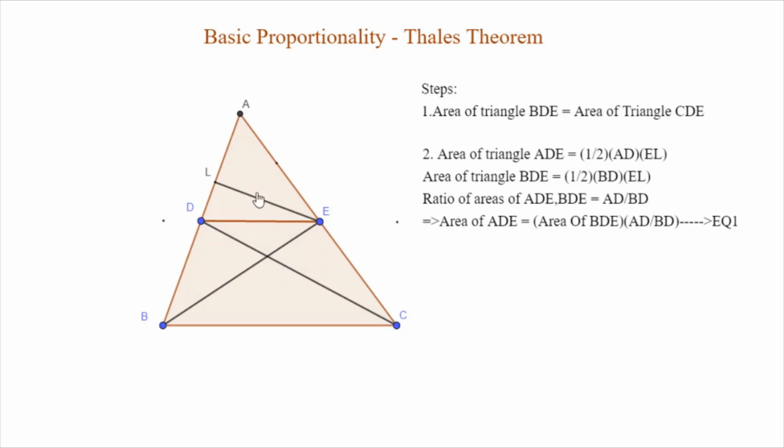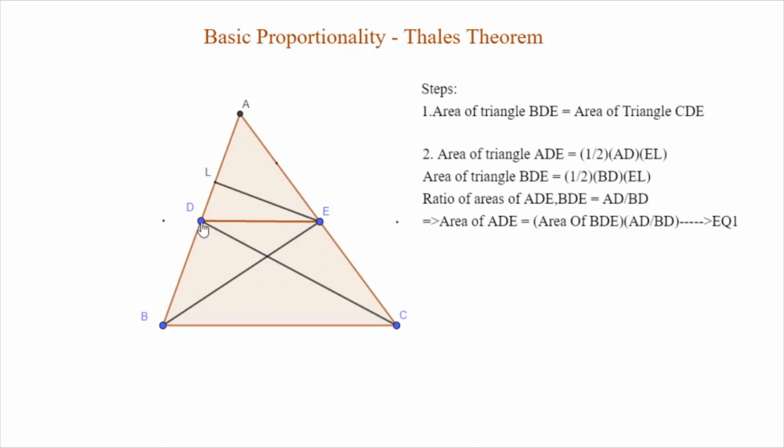Again, if you find the height of the triangles CDE and ADE, they both intersect at AE, which is normal to D. So the perpendicular from D to AE will intersect somewhere here.